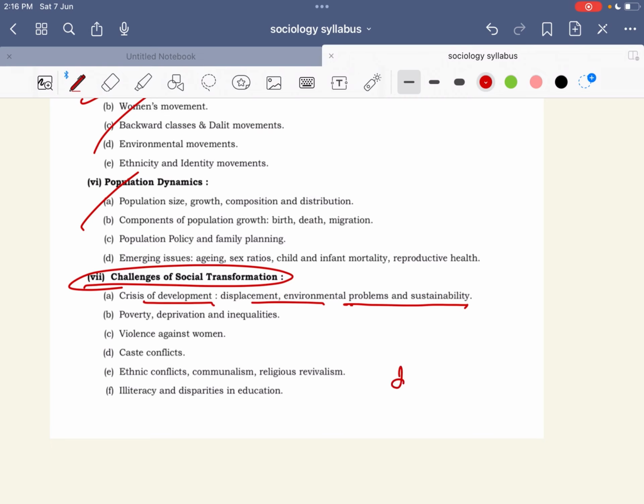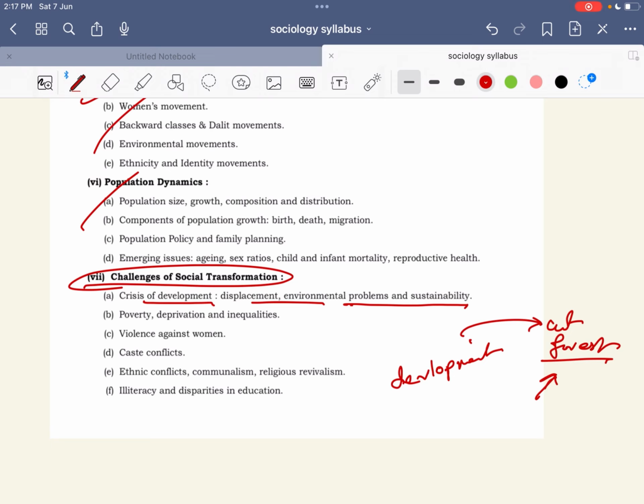When there is development, of course there is a crisis in the environment, because if there has to be development, you have to cut forest, and when you have to cut forest, some sections in society oppose development, because they are more pro-environment. They don't want to hurt the environment at any cost.